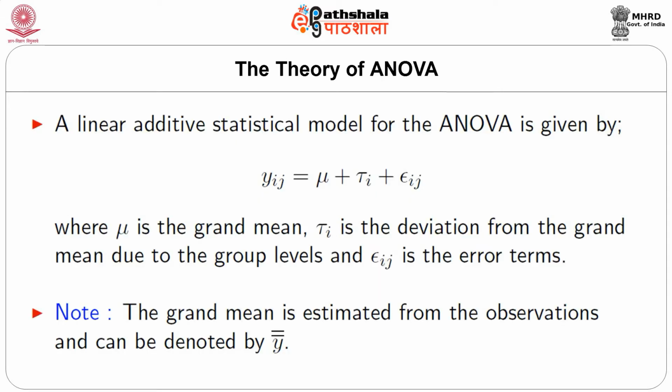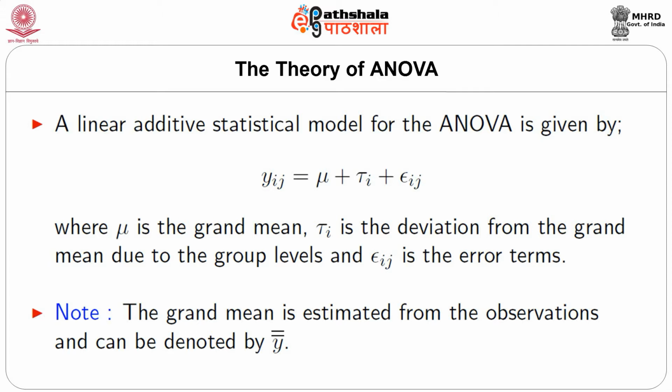The theory of ANOVA. A linear additive statistical model for the ANOVA is given by Yij equal to mu plus tau i plus epsilon ij, where mu is the grand mean, tau i is the deviation from the grand mean due to the group levels, and epsilon ij is the error.